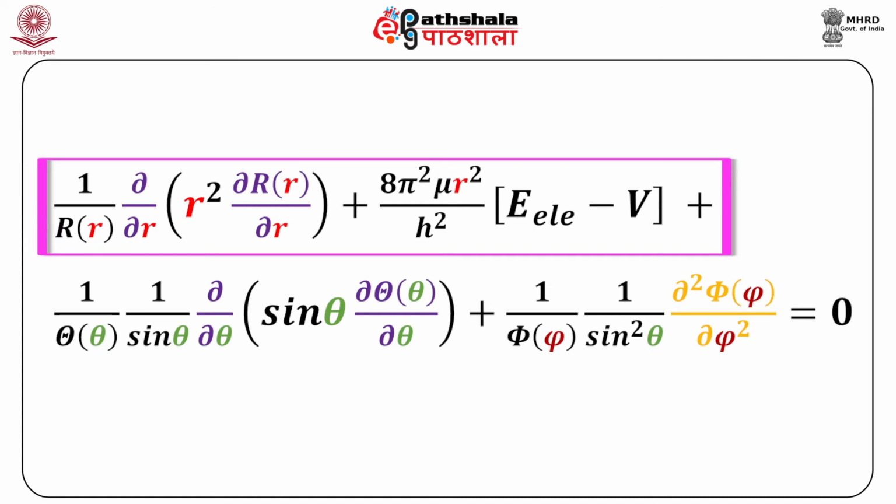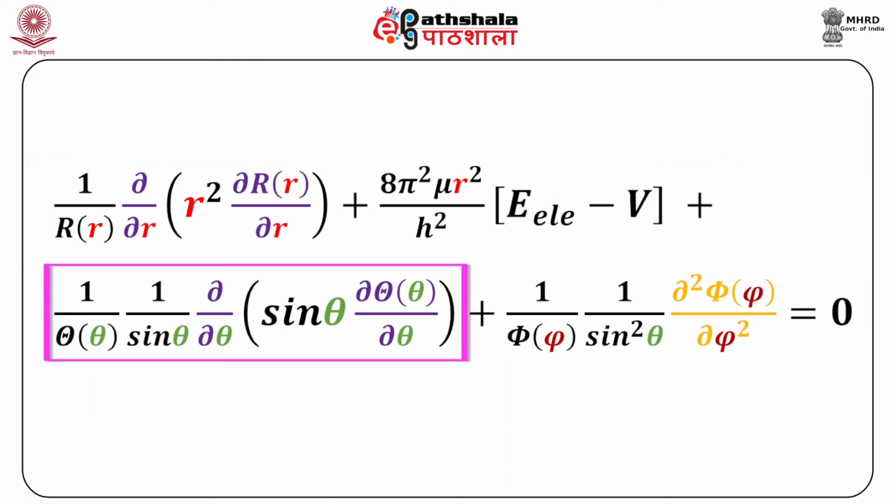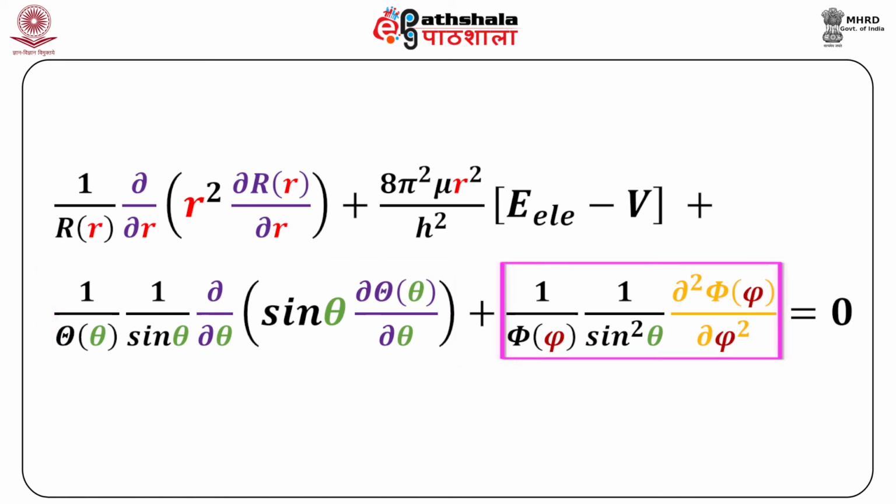The first part is the radial part, containing 2 terms. The second term is only the theta part, and the third term is the phi part. So through these modifications and simplifications, we have been able to split the electronic Schrodinger equation in polar coordinates into 3 separate parts, representing the radial part, theta part and phi part.